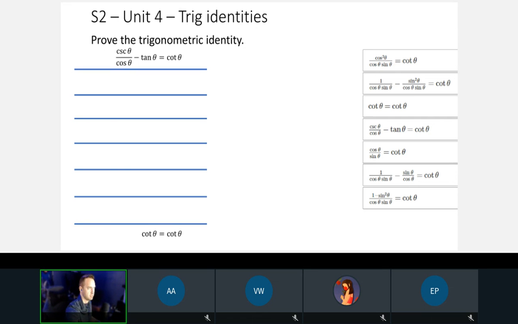I'm going to label these A through whatever. A, B, C, D, E, F, and G. All right, I'm going to give all of you 2.5 minutes again to fill in the blanks, put it in order.